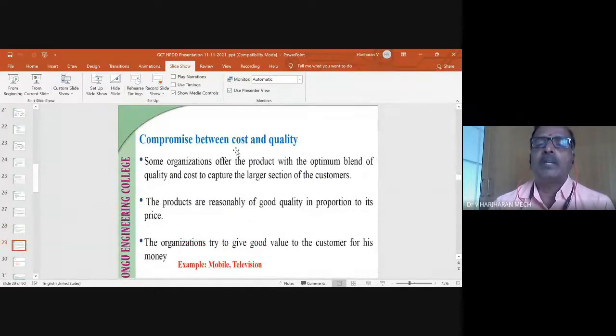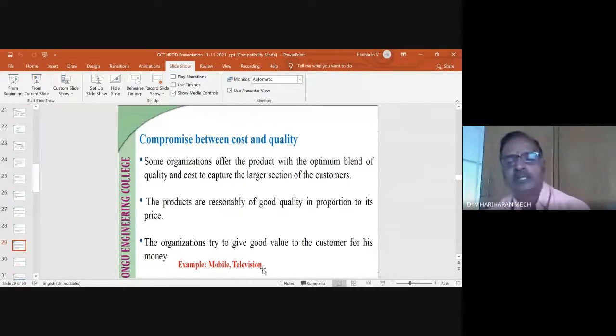Then compromise between cost and quality. Some organizations offer products with an optimum blend of quality and cost to capture a large section of the market. Here you see mobiles and televisions. Every year the products are of reasonably good quality in proportion to their price. The organization tries to give good value to the customer for his money.